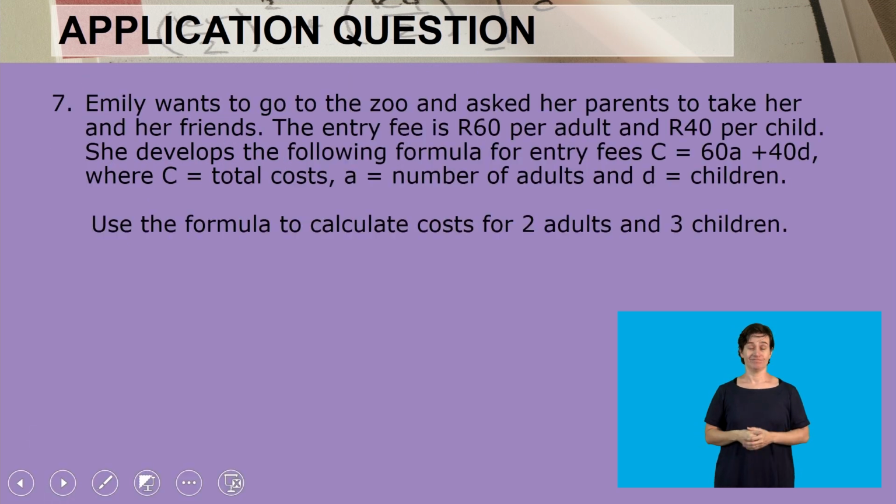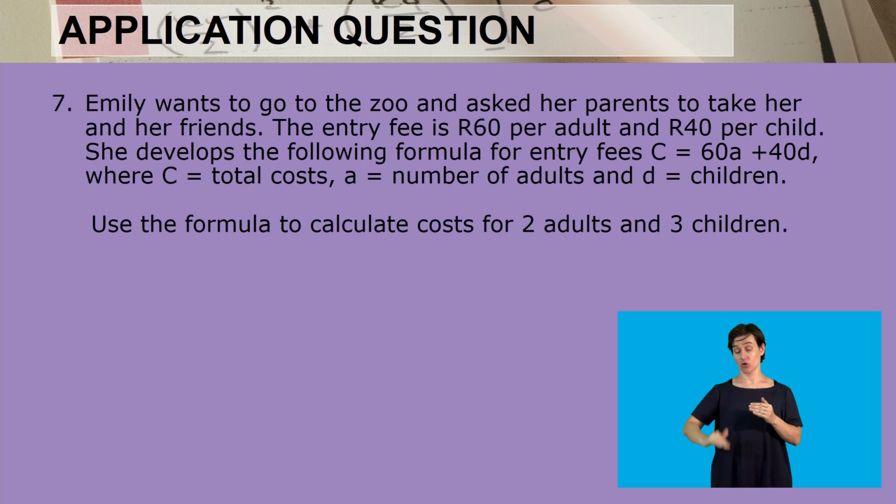All right. Let's look at the next question. Emily wants to go to the zoo and asked her parents to take her and her friends. The entry fee is 60 Rand per adult and 40 Rand per child. She develops a formula for entry fees, C equals 60A plus 40D, where C is the total cost, A is the number of adults, and D is the number of children.